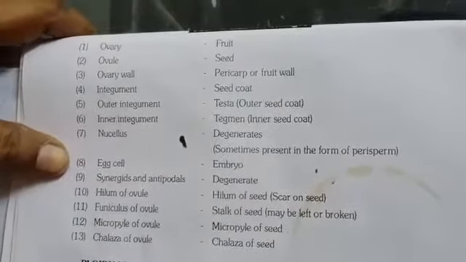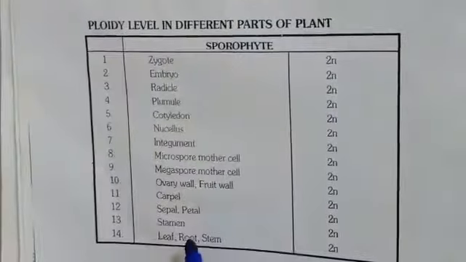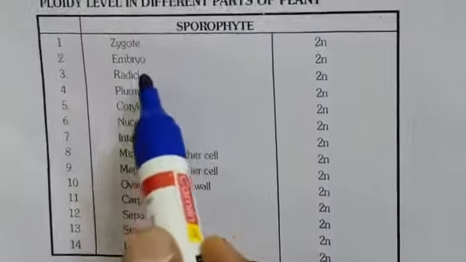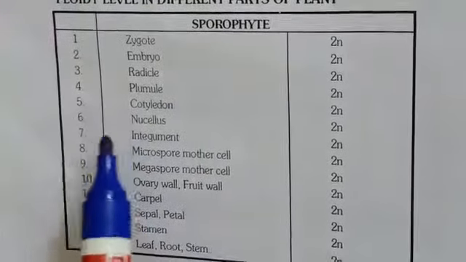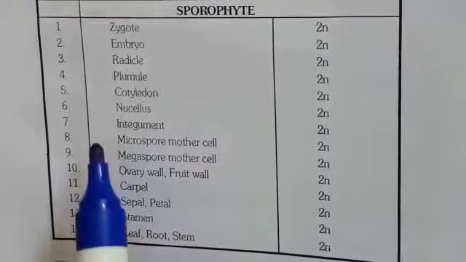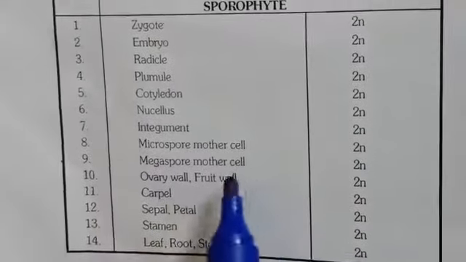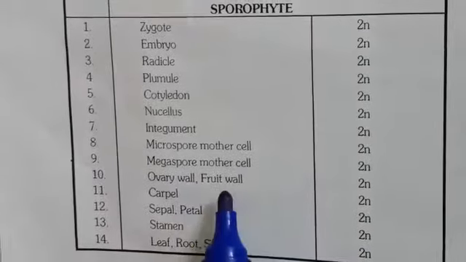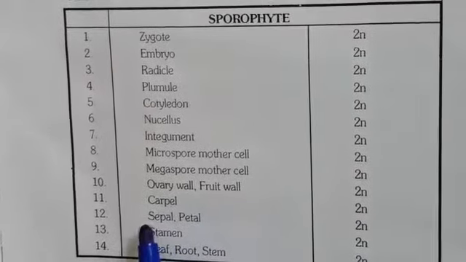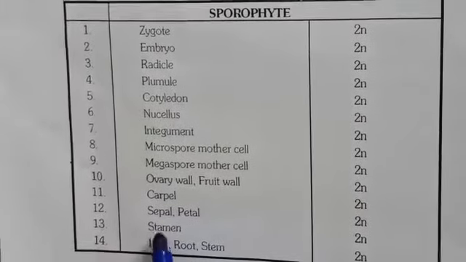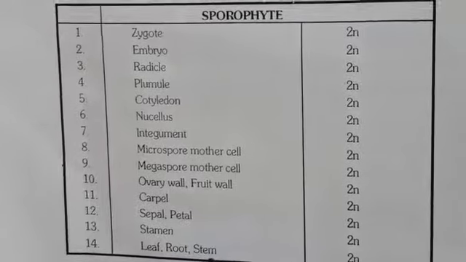Next, we will see the ploidy level in different parts of the plant. These are sporophyte: zygote, embryo, radicle, plumule, cotyledon, nucellus, integument, microspore mother cell, megaspore mother cell, ovary wall, fruit wall, carpel, sepal, petal, stamen, leaf, root, stem.